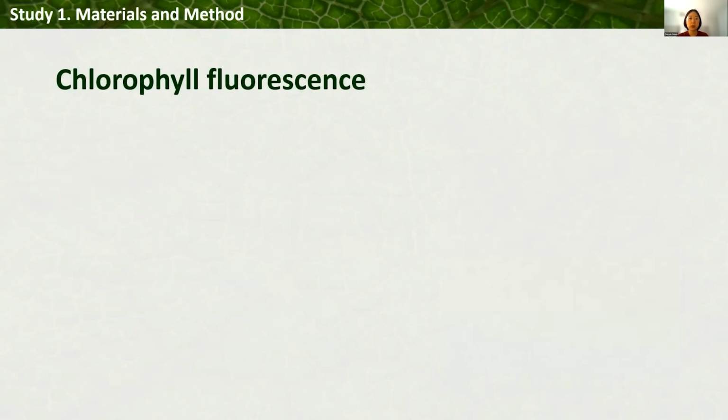And then I would like to explain a little bit more about chlorophyll fluorescence. I know some of you might know it, and some of you might be a little confused by this concept, because this data is very important in my research. Chlorophyll fluorescence is light re-emitted by chlorophyll.